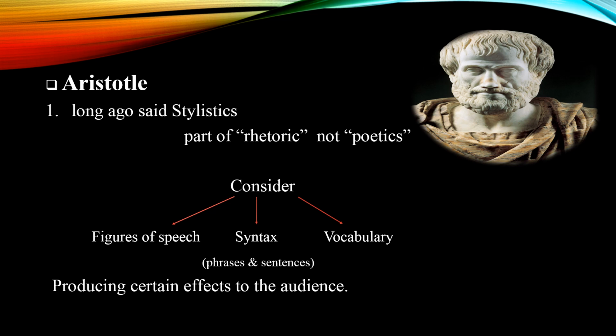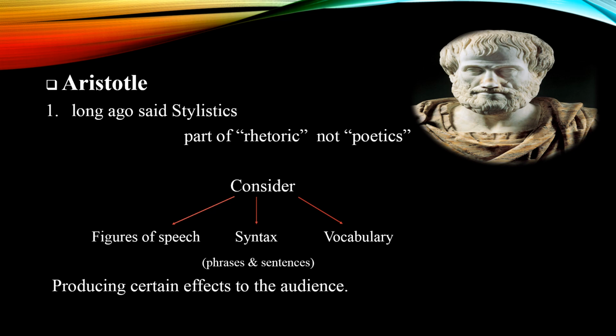We will be well aware that Aristotle, who is a Greek philosopher, long ago spoke about stylistics, that it is a part of rhetoric and not a poetic one. It is not a poetical language. Stylistics should be considered as a rhetorical language. So he says three important parts of a literary writing are to be considered.